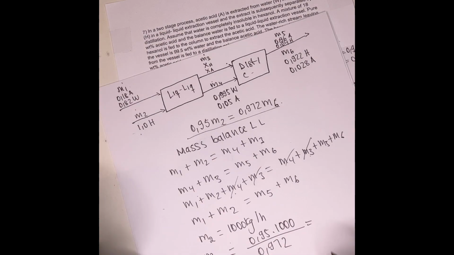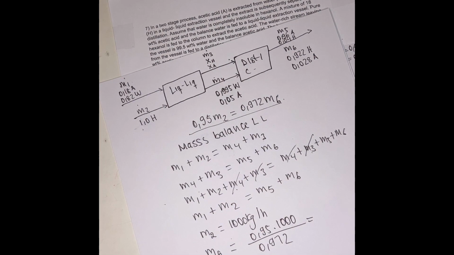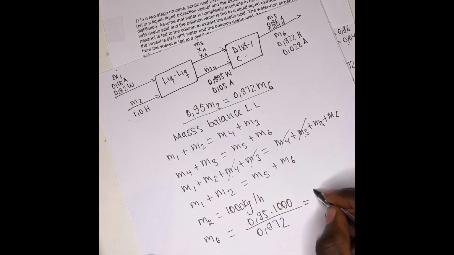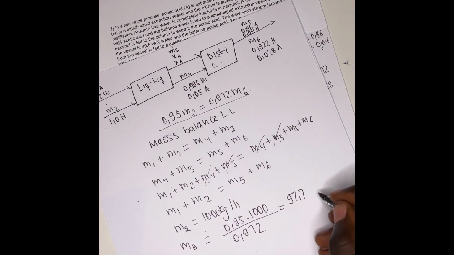So solving that, 0.96 times 1000 divided by 0.972, we're going to find 97.7. The unit is what? The unit is kilogram per hour.